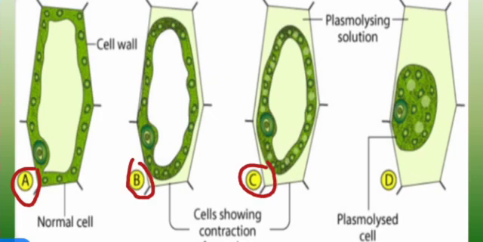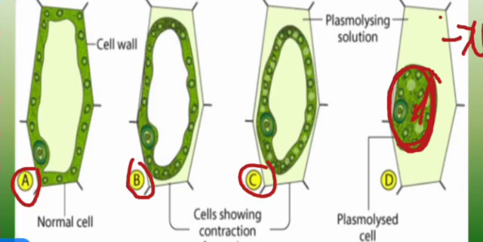Then the plasmolysed cell: the cytoplasm of the cell shrinks away from the cell wall. Including the plasma membrane, the cytoplasm is away from the cell wall.